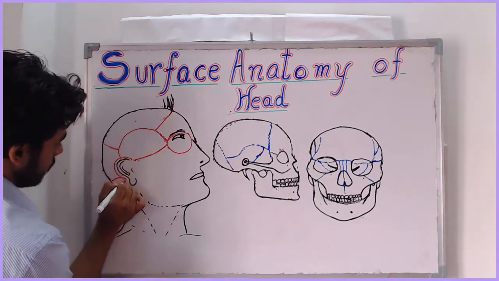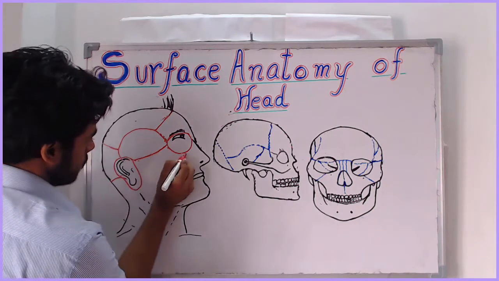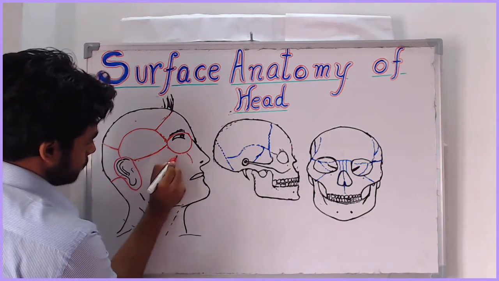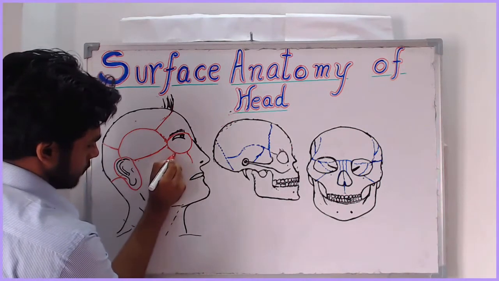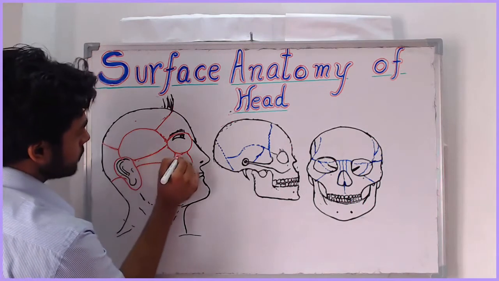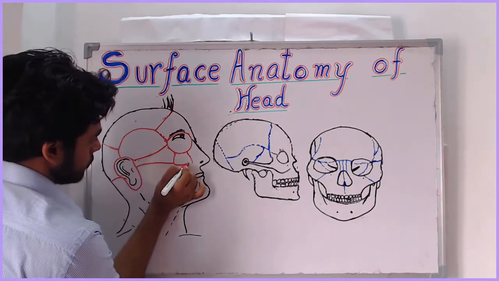This is the auricular region, and here, since we have zygomatic bone, this is called zygomatic region, and since this is the orbit, this region is called infraorbital region.